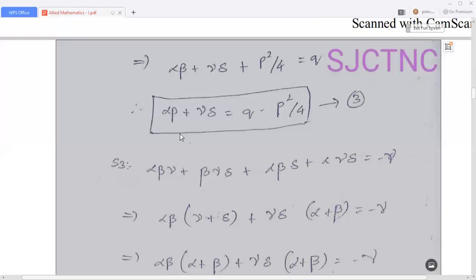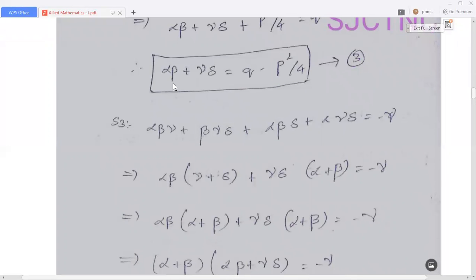Here you simplify this, we get alpha beta plus gamma delta plus p square by 4 equal to q. Therefore, alpha beta plus gamma delta is equal to q minus p square by 4. This can be taken as equation number 3.